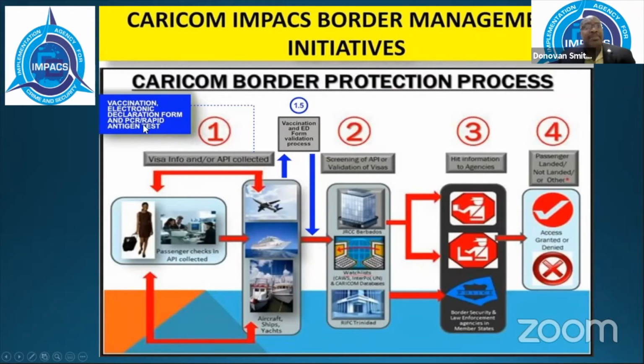This can combine with our visa information and take that APIS information collected, and from there you come to purchase a ticket. This is all about having a simplified travel solution for the Caribbean.